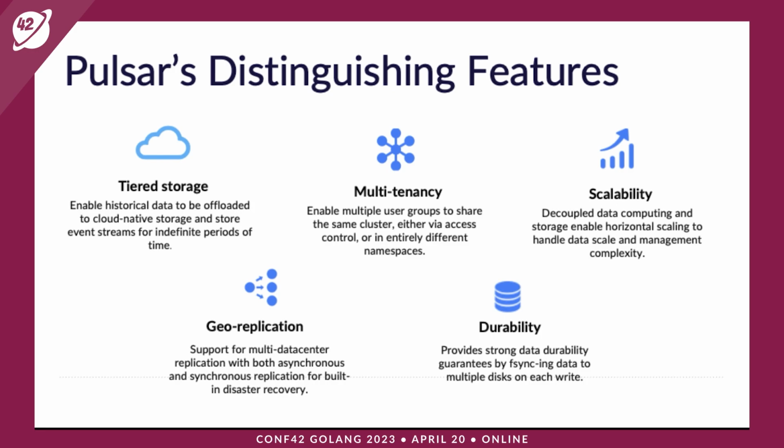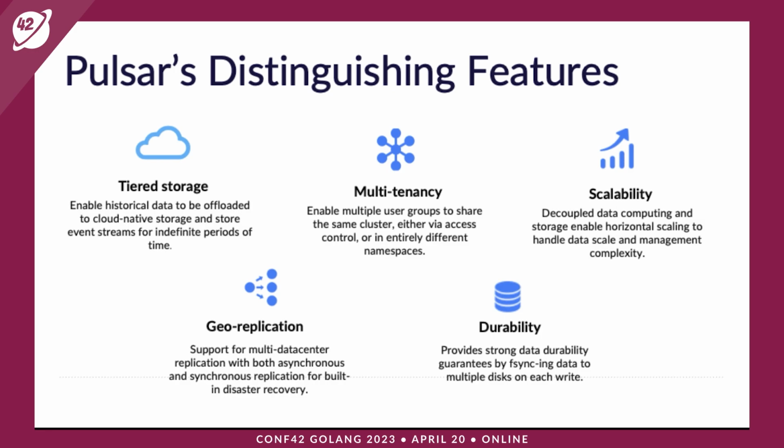Pulsar's unique architecture enables it to provide several capabilities that distinguish it from other messaging systems. Separating the storage of messages from the serving of messages means you can offload the storage to other network accessible storage, such as S3, which is not only cost effective, but also allows you to retain data for longer periods of time.